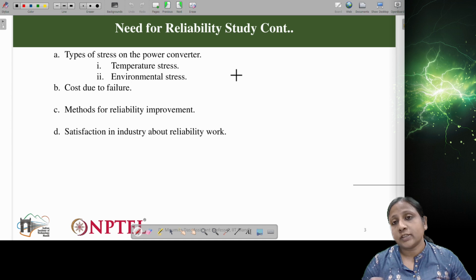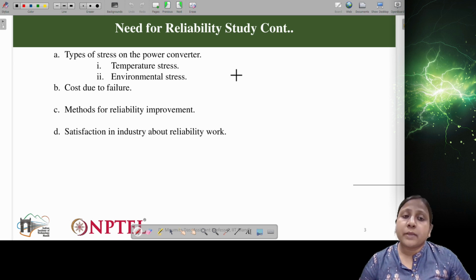For that we have to find out the failure rates, and we can also provide an algorithm that gives some benefits over existing algorithms. This is important for the development and manufacturing of any system related to wide bandgap devices. This is what is essential for industrial development.